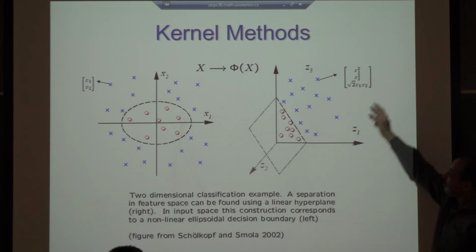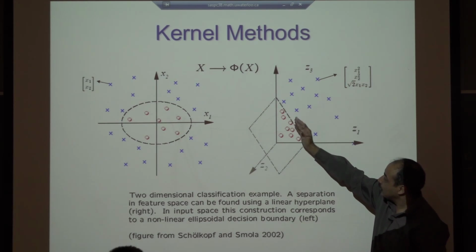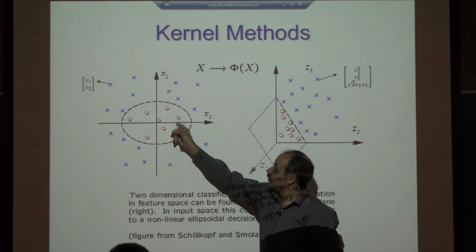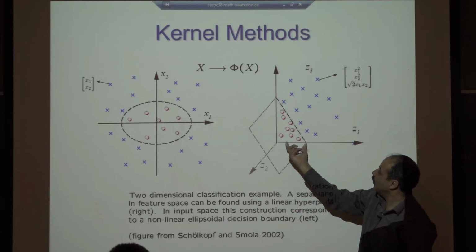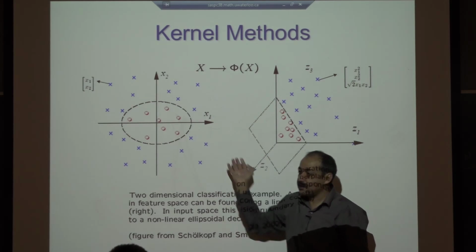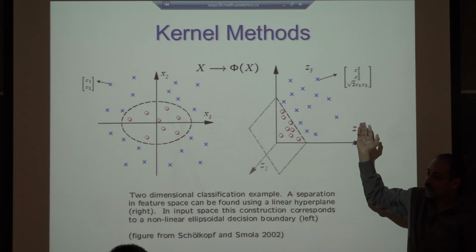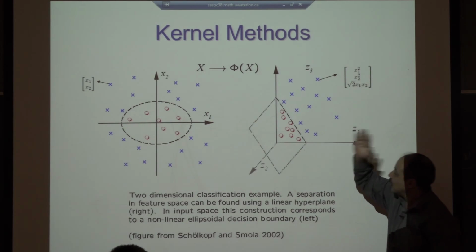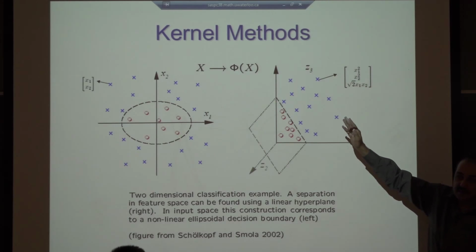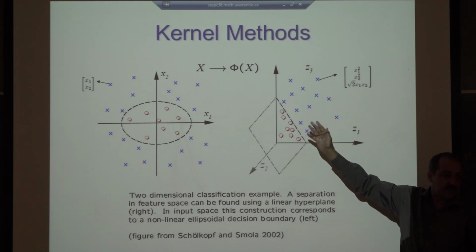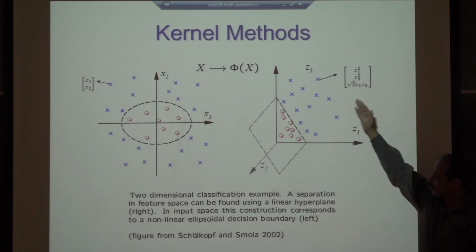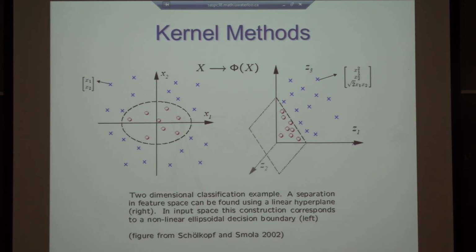So this third dimension becomes distinctive. Points on this side, on the third dimension, have a smaller value, and points on this side, on the third dimension, have a larger value. So in the third dimension, there's a linear hyperplane, this decision boundary, which can make a distinction between these two sets of classes.